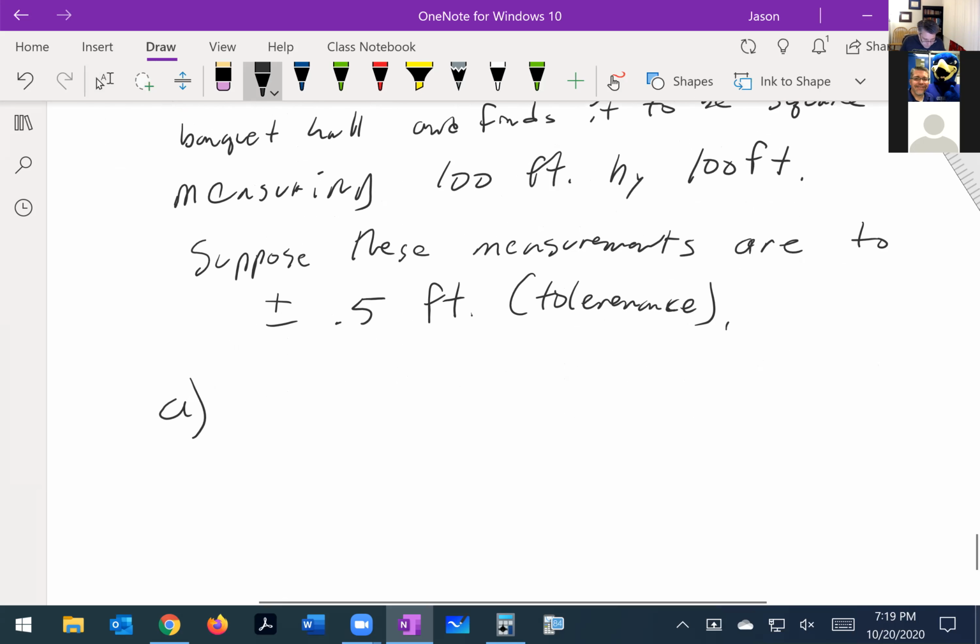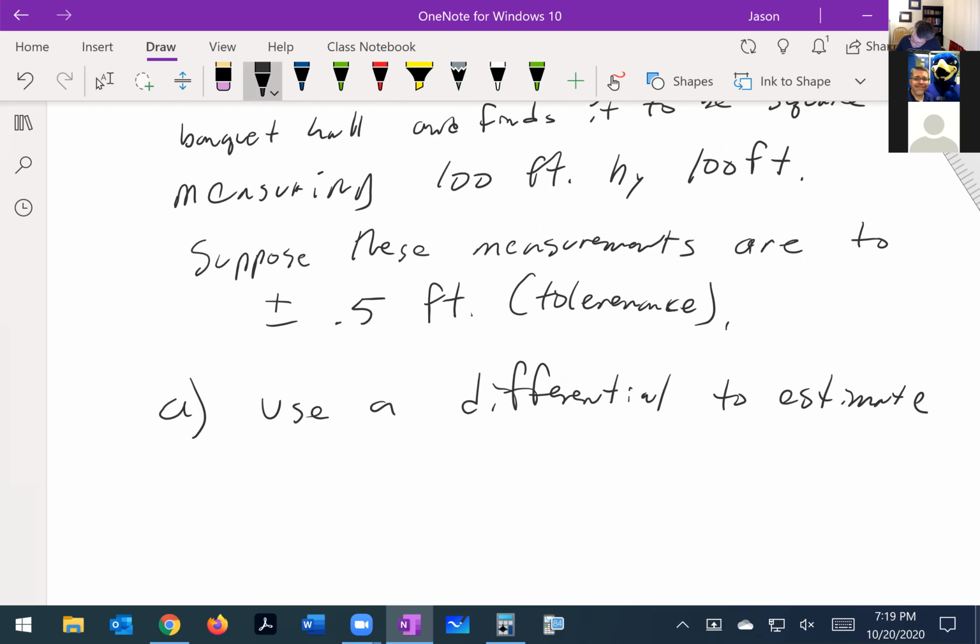Part A: use a differential to estimate the difference in area due to the tolerance.